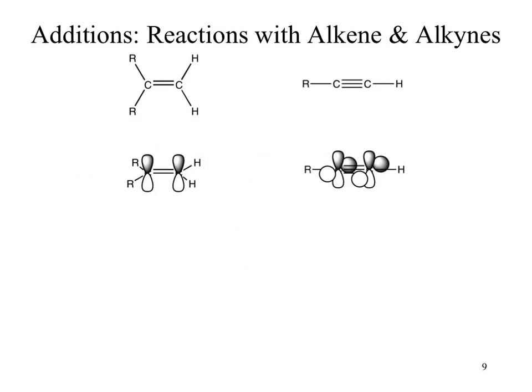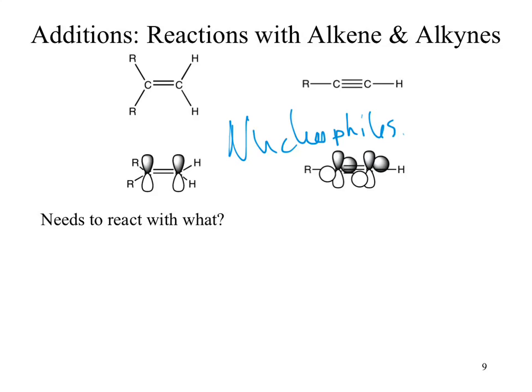Those p orbitals are further away from the rest of the structure. They are more reactive. You have a source of electrons when it comes to an alkene or an alkyne, which means your alkenes and alkynes will act as nucleophiles or... What's the other species that acts as a source of electrons?